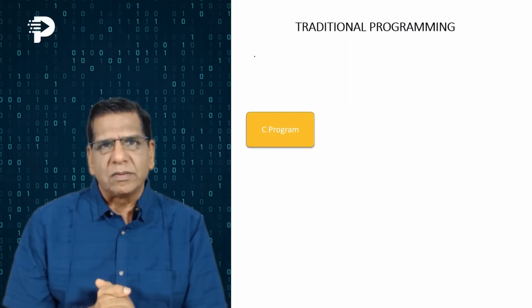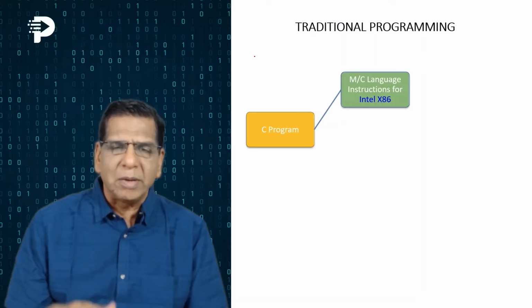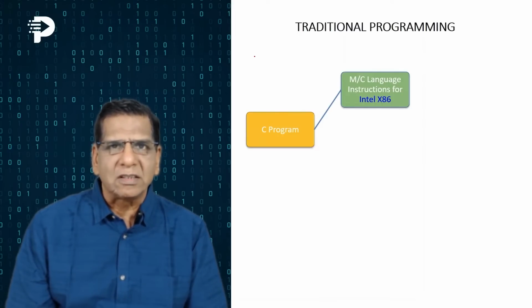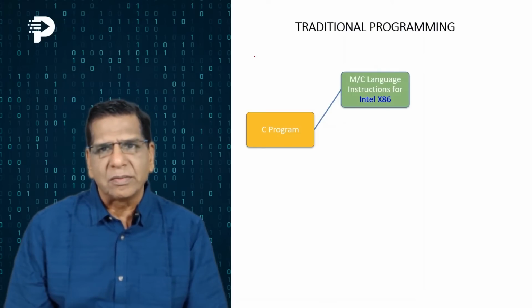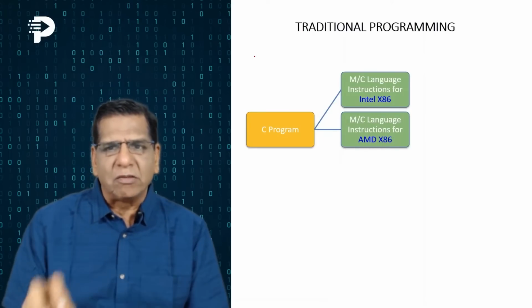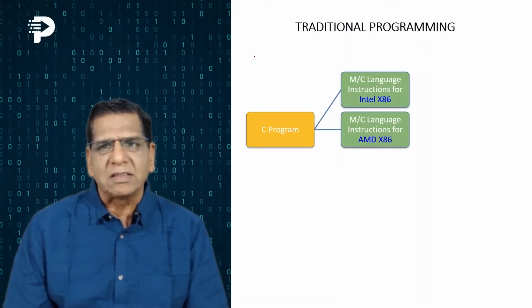Suppose we decide to write a C program. Now this C program will ultimately be compiled into machine language instructions for maybe an Intel x86 microprocessor. The same C program can be converted into machine language instructions targeted for an AMD x86 microprocessor.